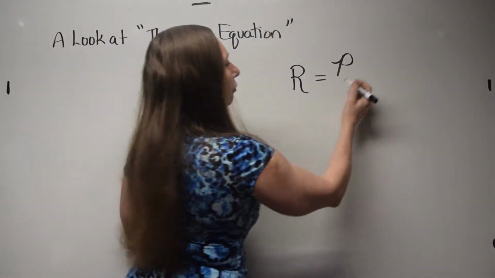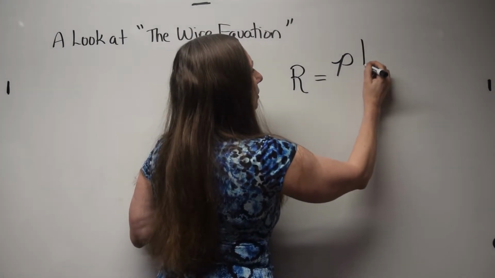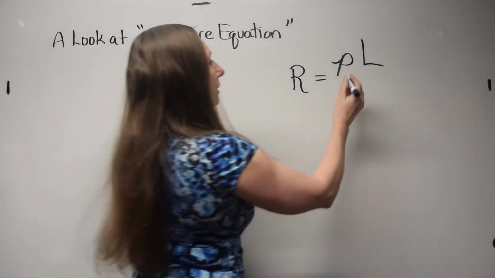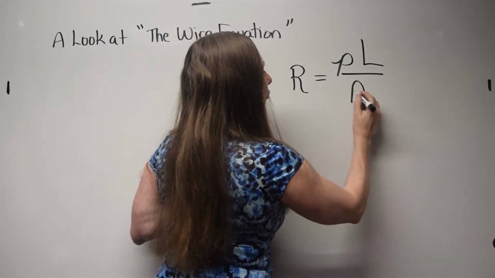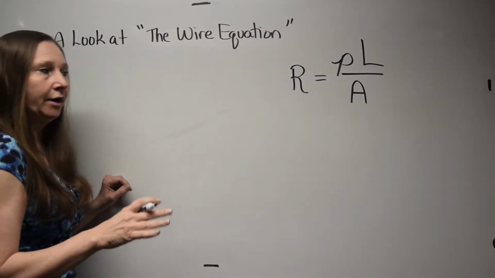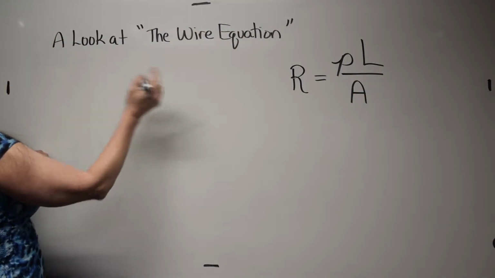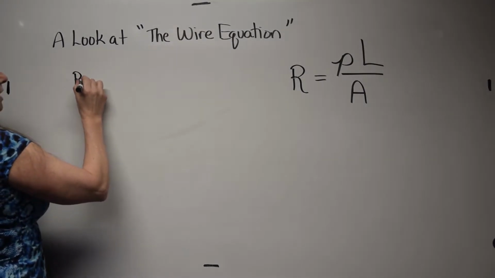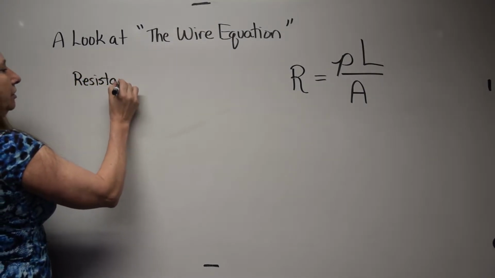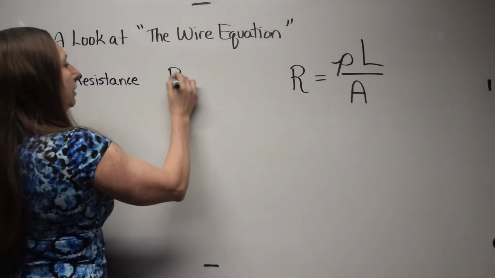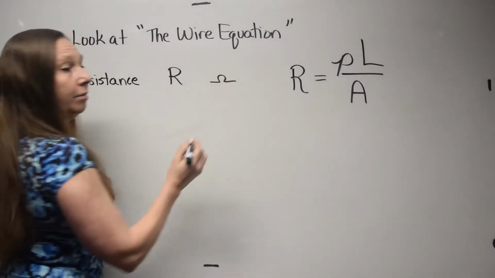So the Greek letter rho times the length of the wire or the conductor, divided by the cross-sectional area of the wire or the conductor. In this equation, we have resistance, which the symbol is R and the unit is ohm.